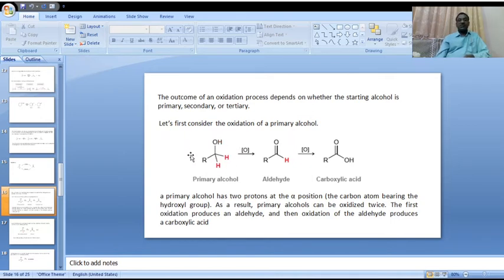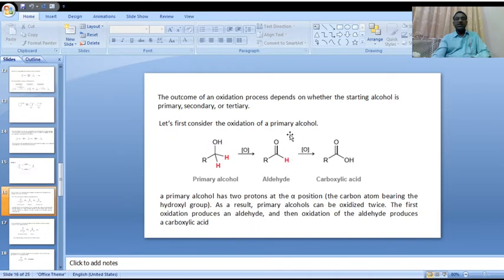As a result, primary alcohols can be oxidized twice. In the first step, oxidation gives an aldehyde, and in the second step, oxidation continues to give a carboxylic acid. It undergoes oxidation twice. The first oxidation produces an aldehyde.